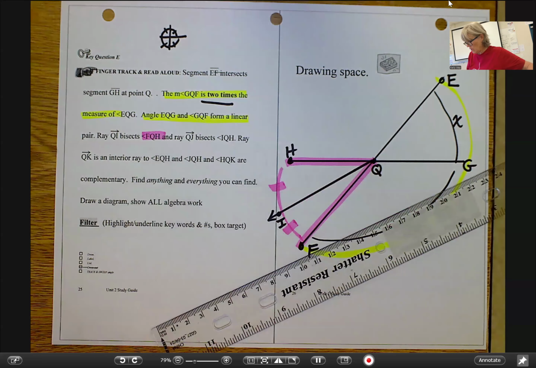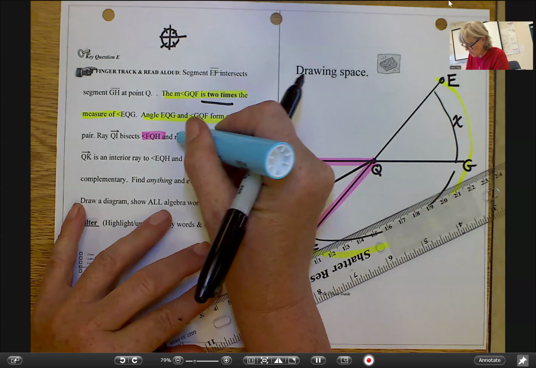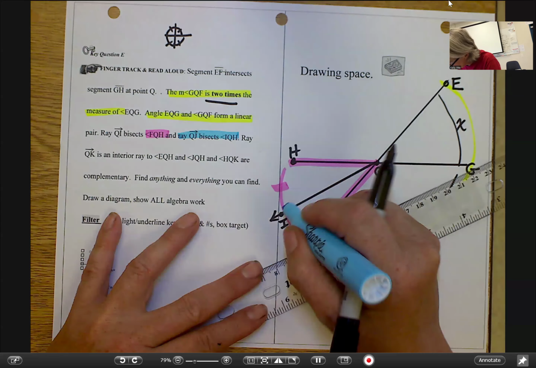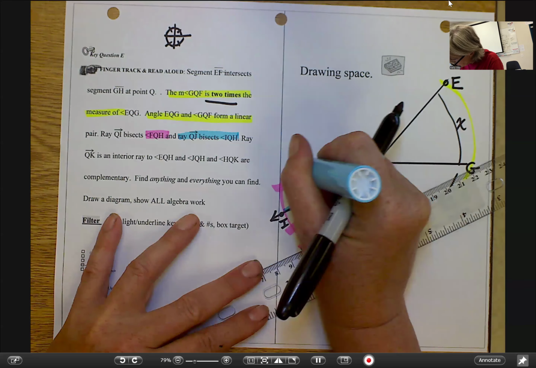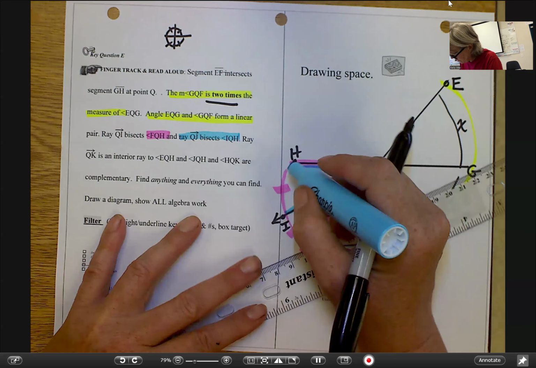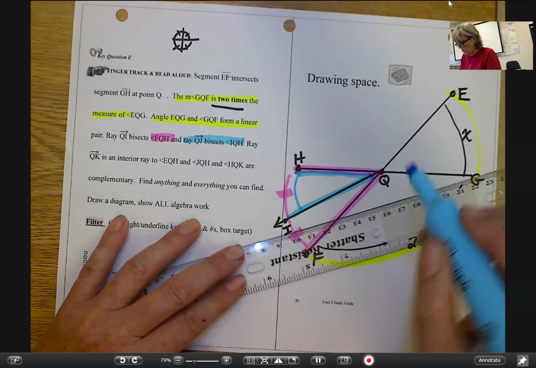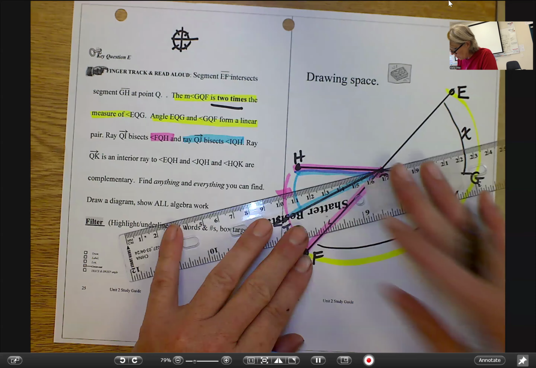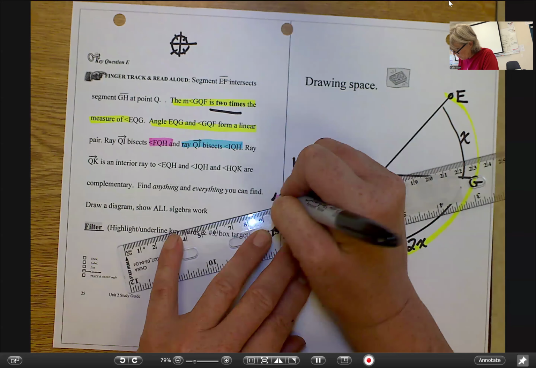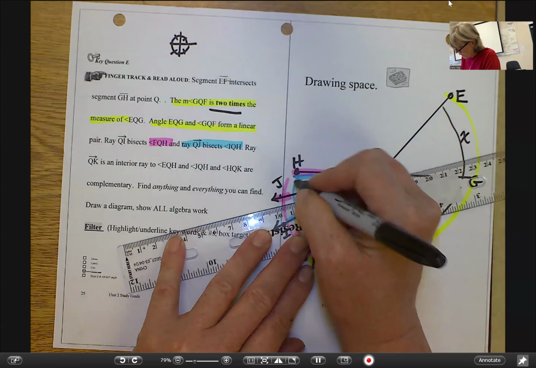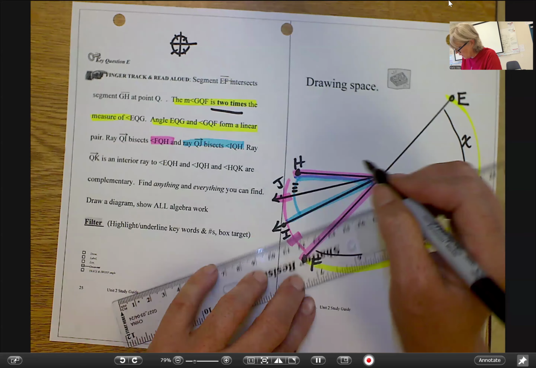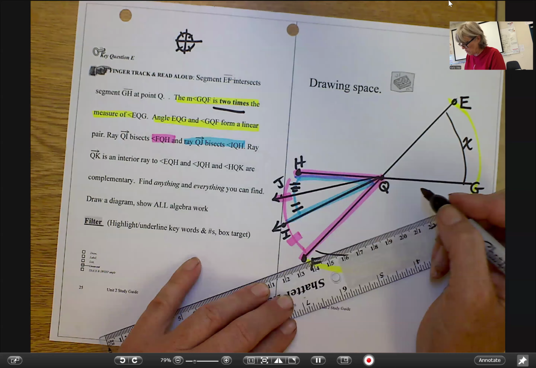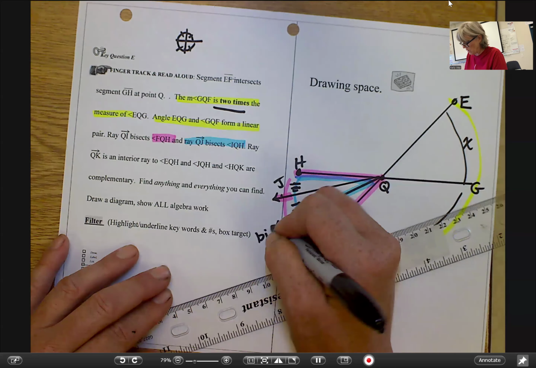And QJ bisects IQH. So where's IQH? IQH is right here. Sweep, that means QJ cuts this in half. So QJ, that's our second bisector. So that's double hatch mark, double hatch mark. So this is a bisector, that's a bisector.